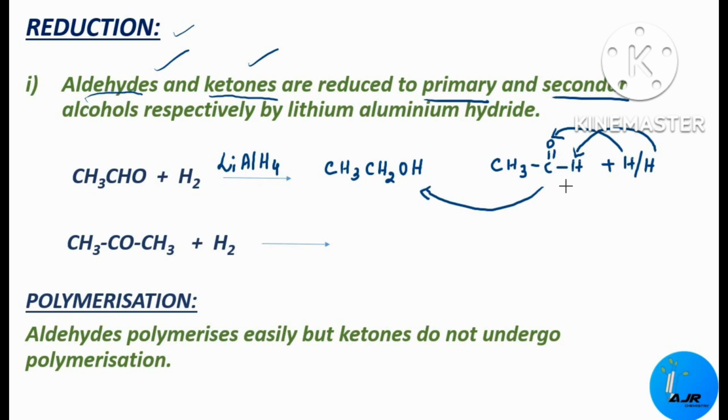So this is what is happening. And now I have taken a ketone, that is acetone here, CH3COCH3. So let us see what happens when you are adding lithium aluminum hydride, and it is reduced. See here, I am splitting the hydrogen like this. One of the hydrogens gets added to this carbon and another hydrogen gets added to this oxygen.